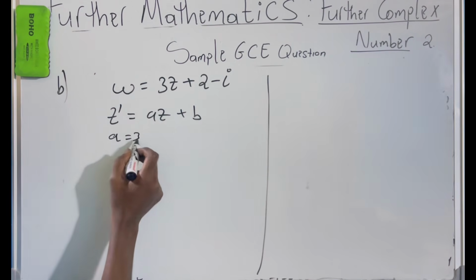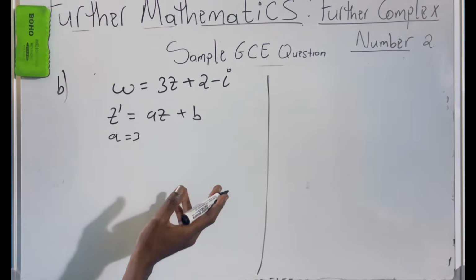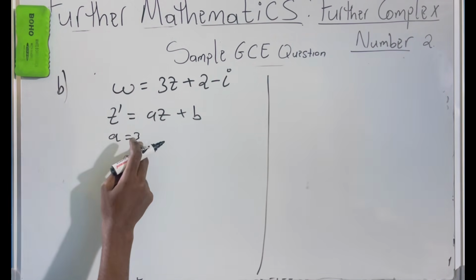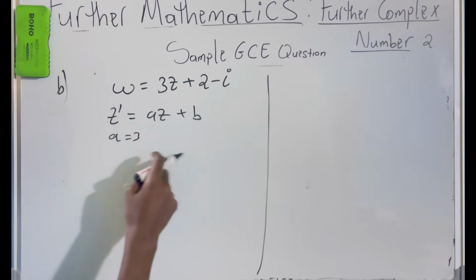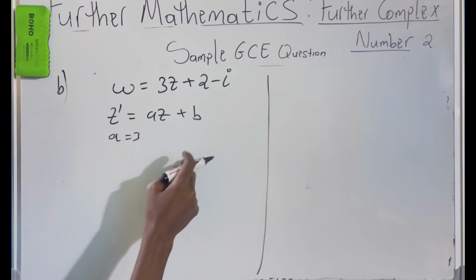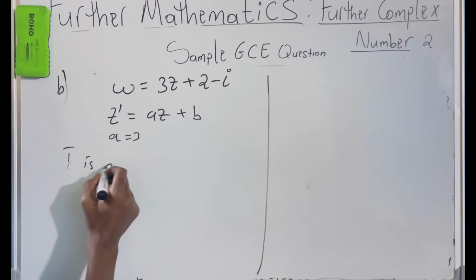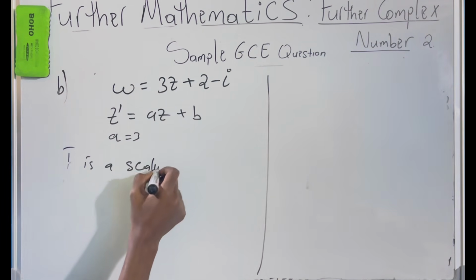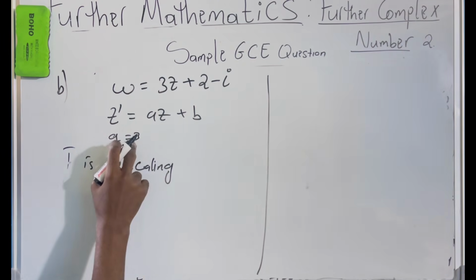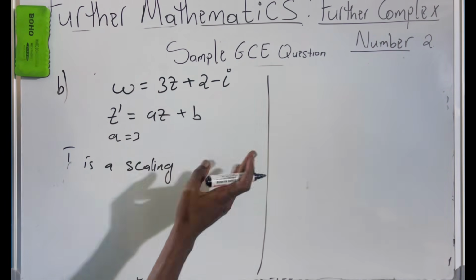Now a is 3, showing that it is a scaling. When a is 3 and it's real, therefore we are talking about a scaling of center. So it means that the transformation T is a scaling, that means enlargement or reduction, but here it will be an enlargement.